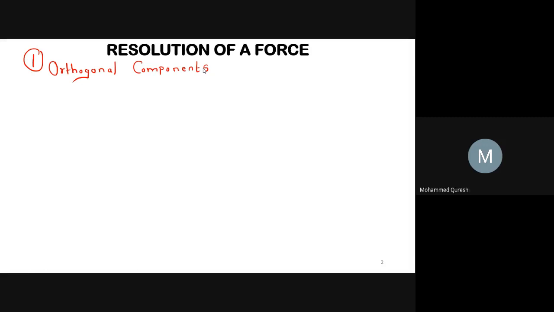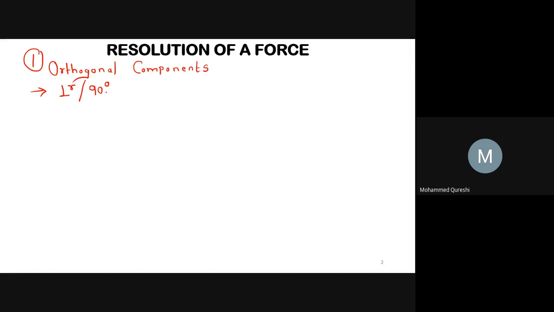What are orthogonal components? The components which are perpendicular to each other, or the components which make 90 degrees with each other, are known as orthogonal components.